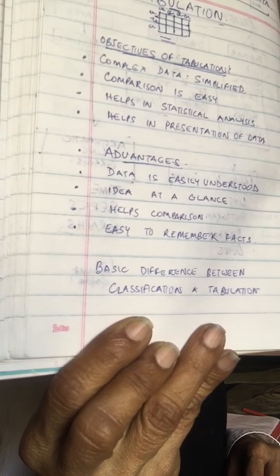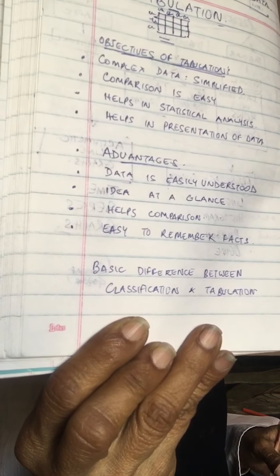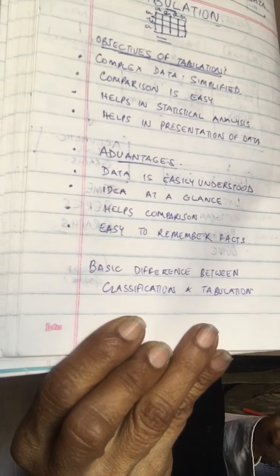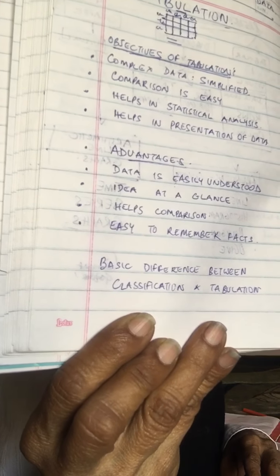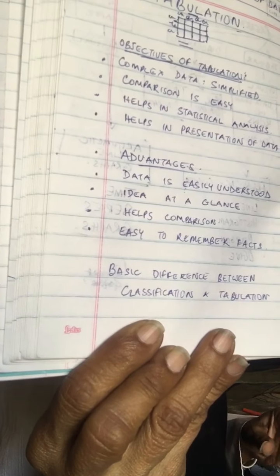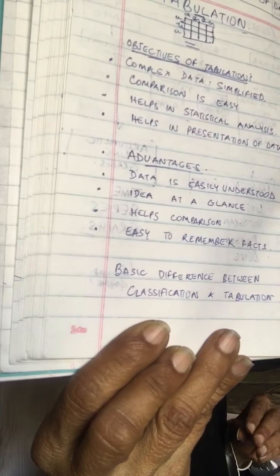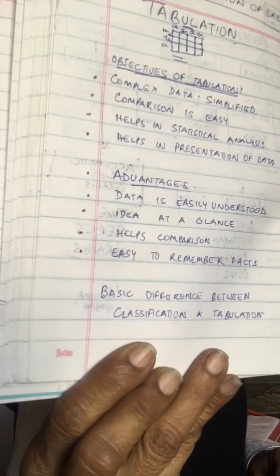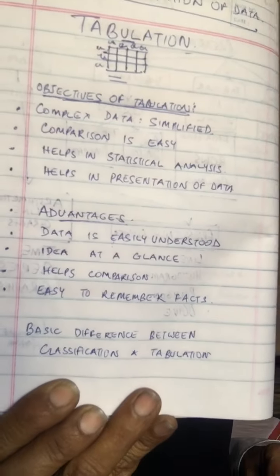Classification is like organization of data, so that statistical analysis becomes easier, whereas tabulation is a process of presentation of data. So it is important to know that in statistics, tables are so important. That is, tabular presentation has its own place.